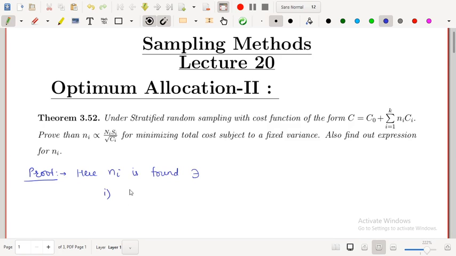So total cost is C0 plus summation i running from 1 to k Ni Ci is minimum, and the second condition is variance is fixed, and in stratified random sampling variance is variance of y bar st. If fixed means some v0, so this is fixed.